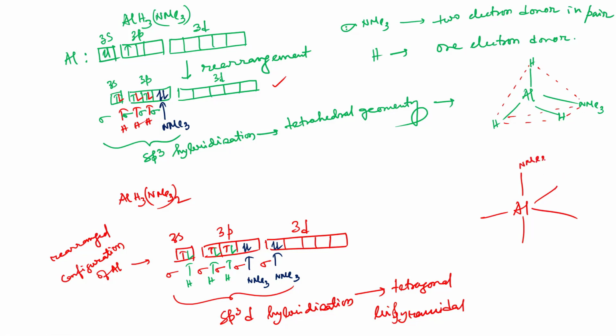The axial positions will keep the NMe3 to minimize the repulsion of the methyl moieties, and hydrogens are in the equatorial positions.